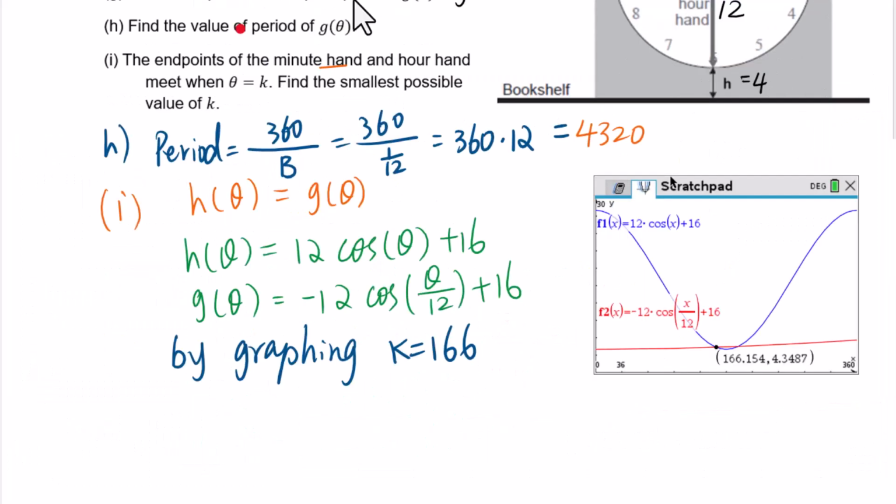Since we are looking for the smallest possible value of k, the first intersection is the smallest possible value of k. So k equals 166.